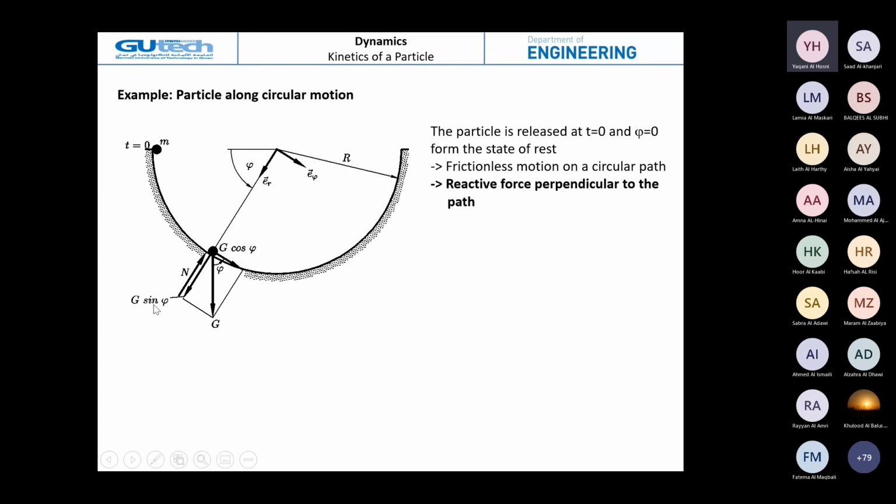At each position you have N here. If it comes to this position, you have N in this direction. Then there are active forces G, let's say external force, and you have here a reactive force N, which reacts to this force to get the equilibrium of this particle.